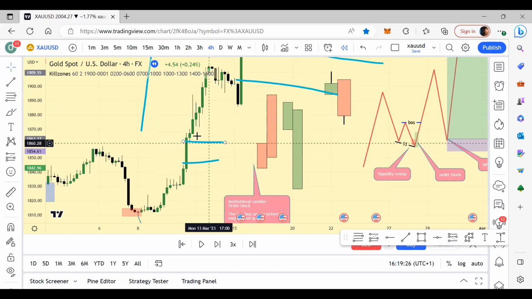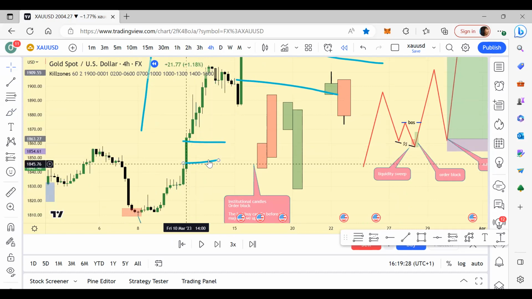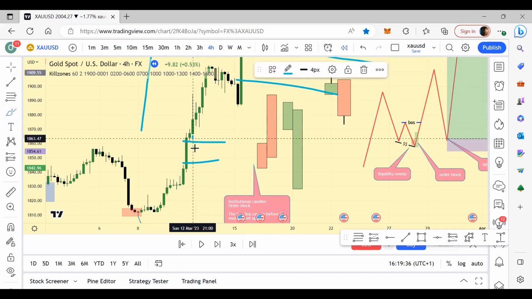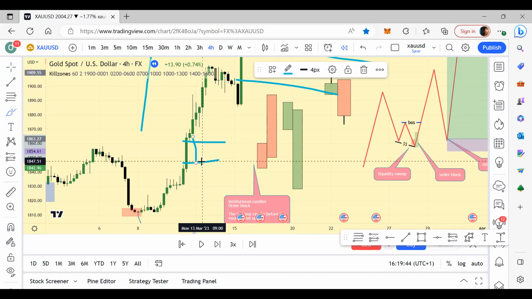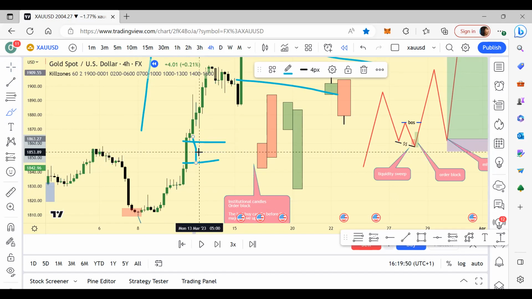So here is a gap. However, if this candle actually entered here and filled up the whole place, you would no longer call this an imbalance, because there's no gap; there's a candle here. Does that make sense?